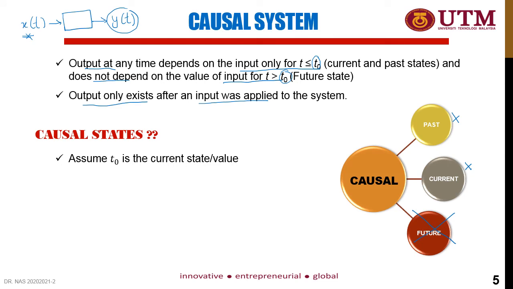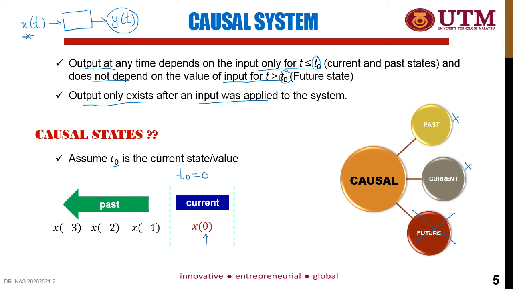So to determine whether the system is causal or not, you need to identify a few components inside the equation. Okay, so now assume the current state is given as t0. So assume t0 equals 0. So this is your t0, this is your current state.